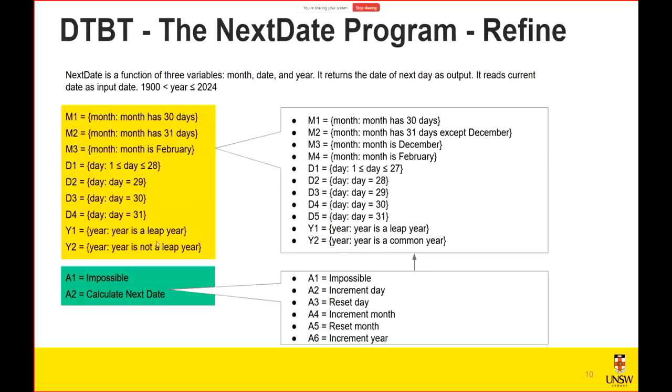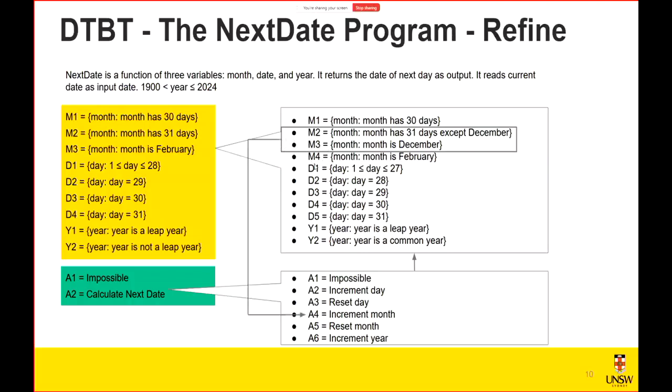And for the leap year check, we can keep it as it is. So you can see that we are actually introducing 2 more conditions. And we are already having 2 to the power of 8 rules. And if we do these, we may have more rules and in the end more test cases.